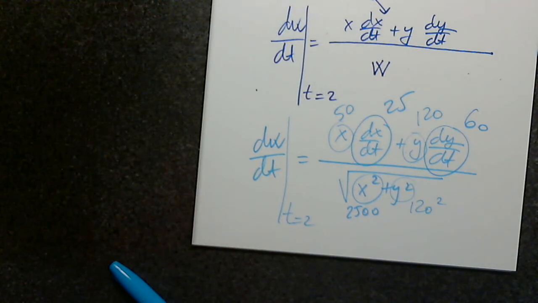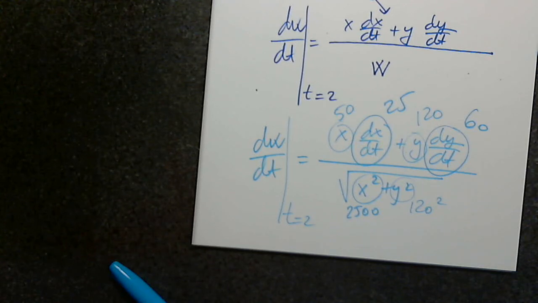Please put parentheses around the numerator. Mandatory, please. 50 times... Maybe it works without if you have a sophisticated calculator. Okay, plus 120 times 60 and divide by the square root. I always put parentheses. In some calculators, the parentheses pop up automatically. In others they don't, so it's up to you.